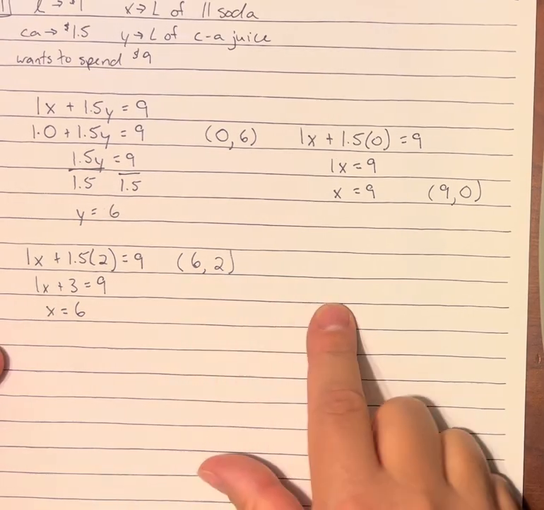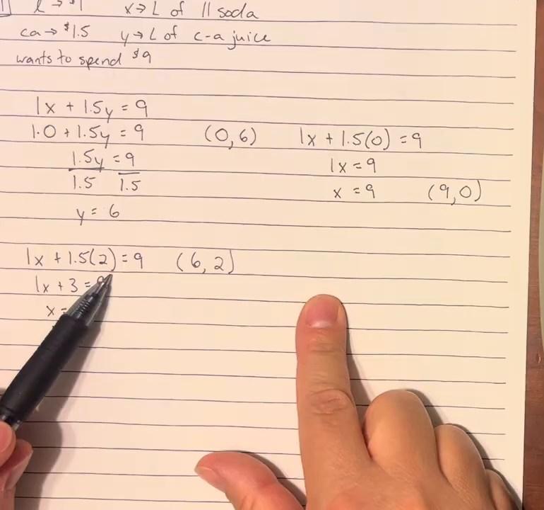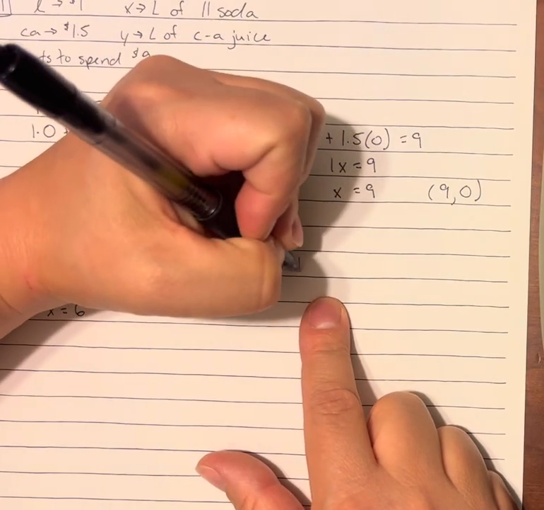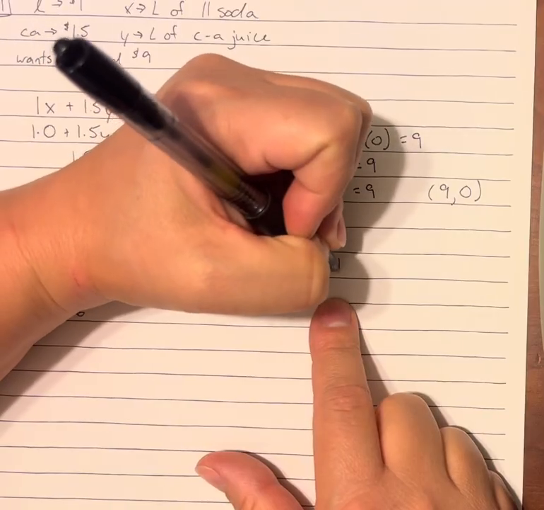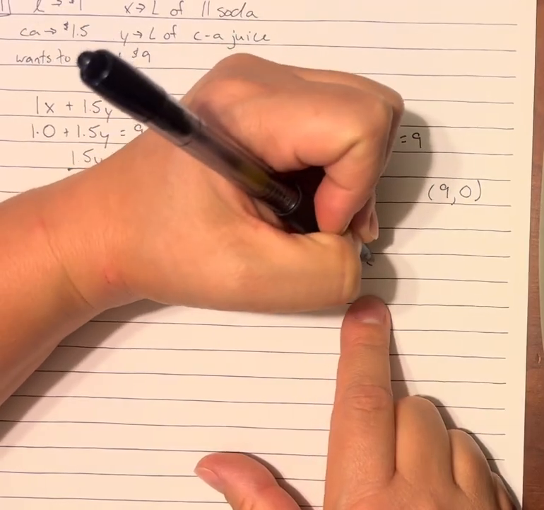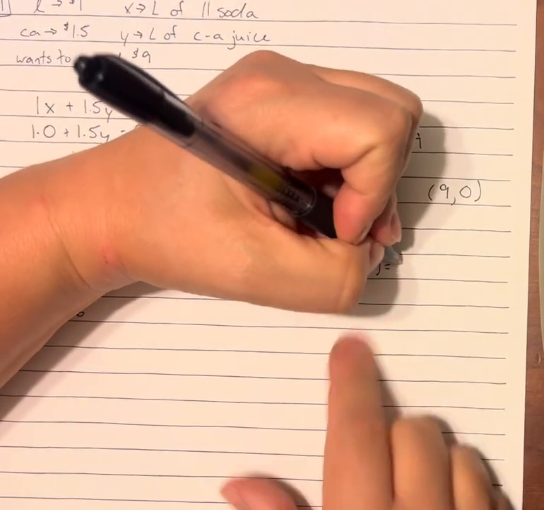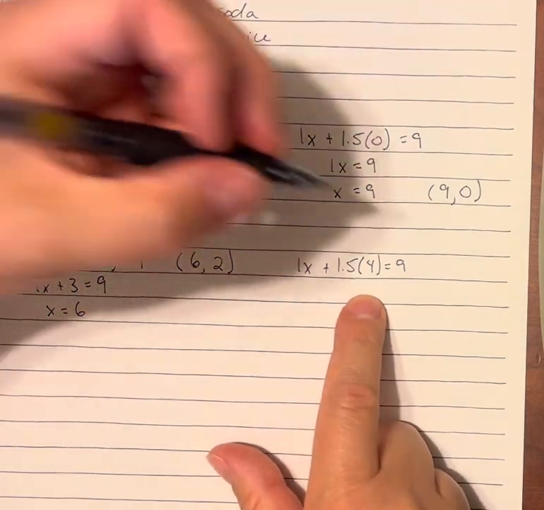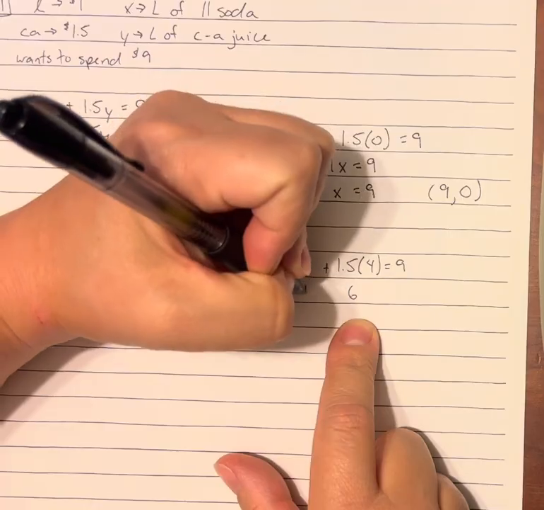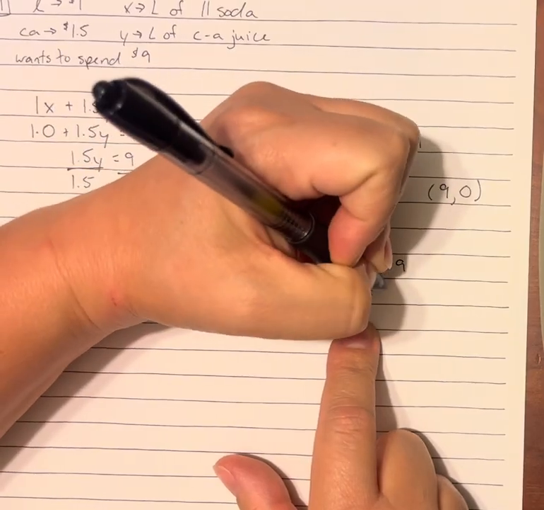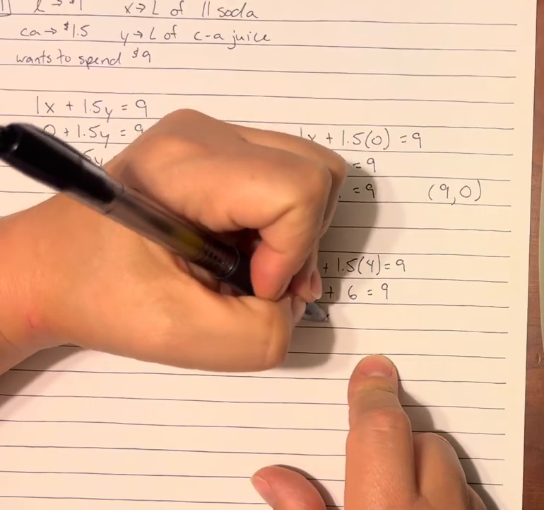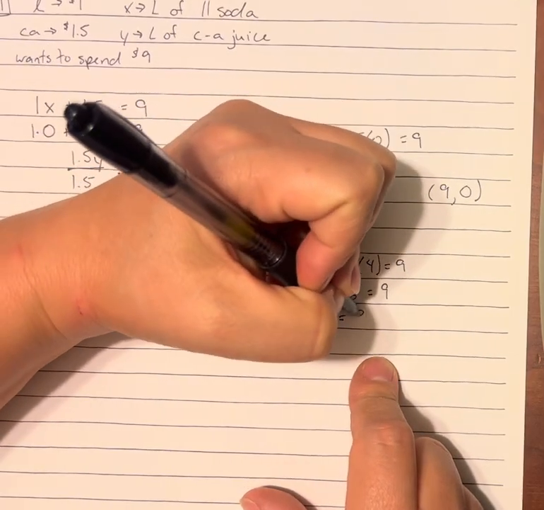Maybe also we want to take into account, what if we bought 4 of the lemon lime sodas? So 1x plus 1.5 times 4 equals 9. Excuse me. So 1.5 times 4 is going to be 6. 1x plus 6 has to equal 9. So if we subtract 6 from both sides, we would get that x equals 3.